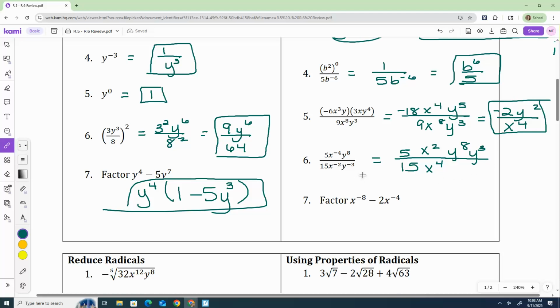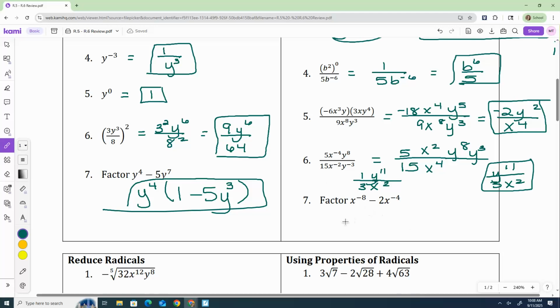So 15 and 5, that would reduce to 1/3. We have more x's on the bottom, so subtract. So that's an x squared. Both y's are on top, so we add their exponents, so that's y to the 11th. You don't have to have the 1 in front. You're welcome to just write y to the 11th over 3x squared.